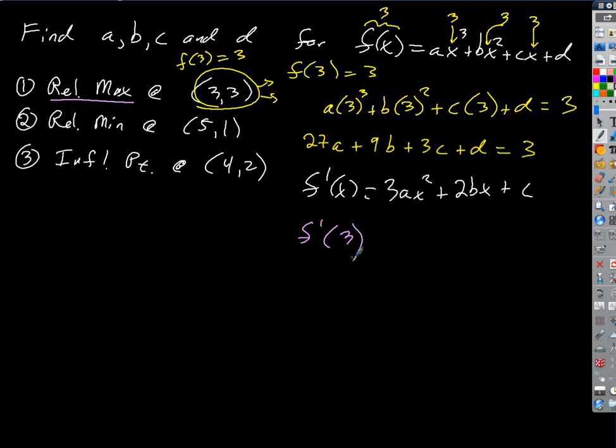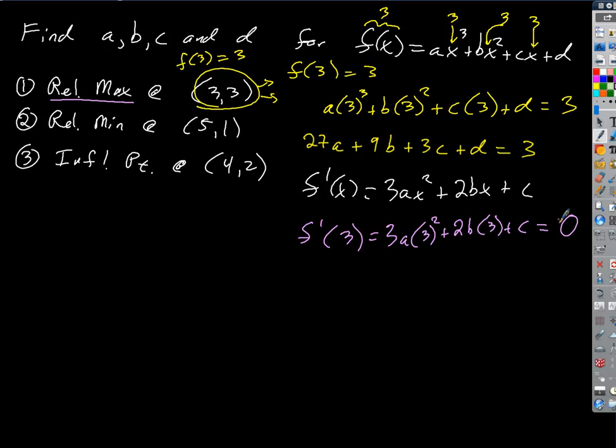It's a relative max. So f prime of 3 equals 3a times 3 squared plus 2b times 3 plus c, and that whole thing has to equal 0, right? So I get back another equation.